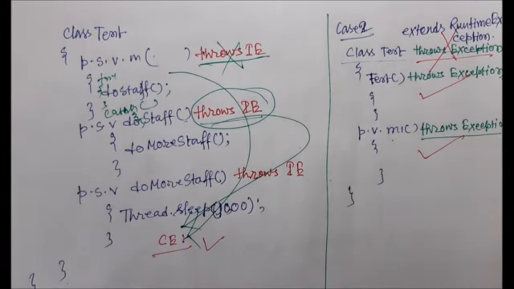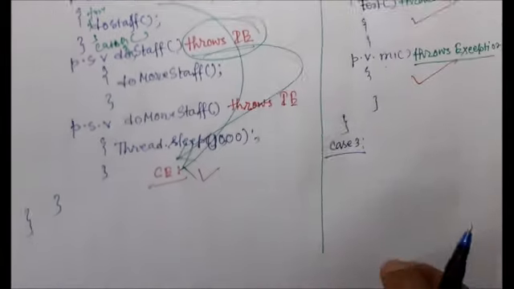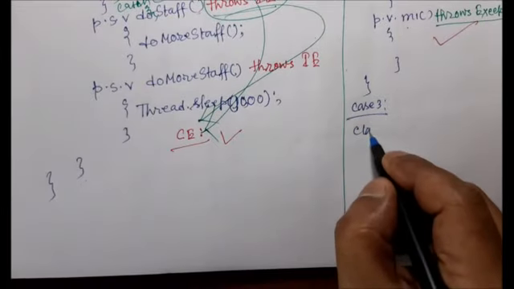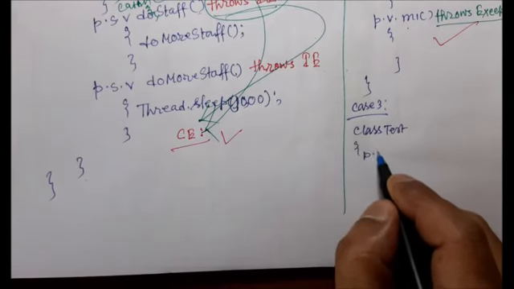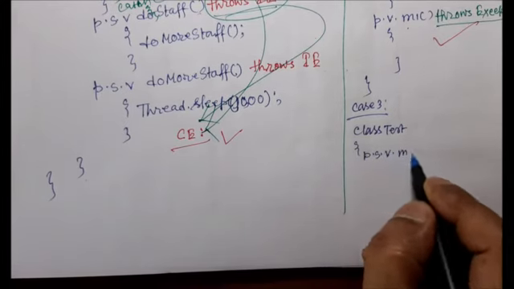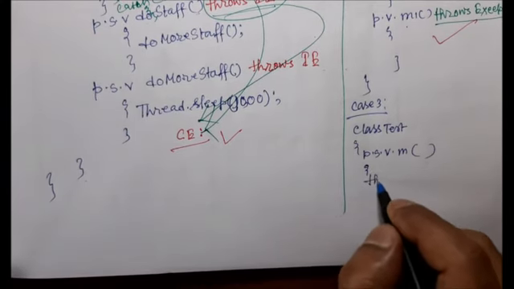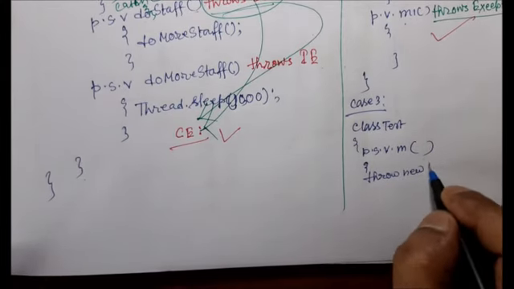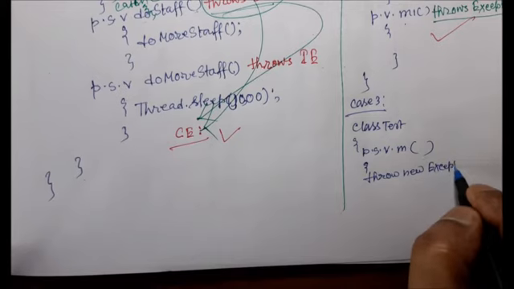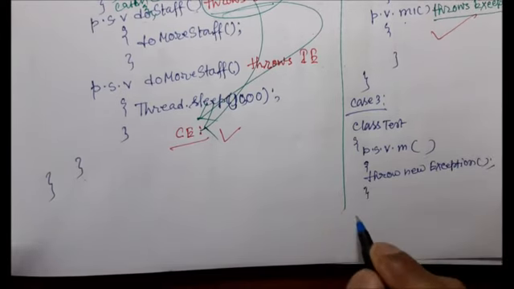Now case 3. Suppose I have a class Test, and within the class Test I have a public static void main, and within main I have just written, for example, throw new Exception. I have just simply used this one.